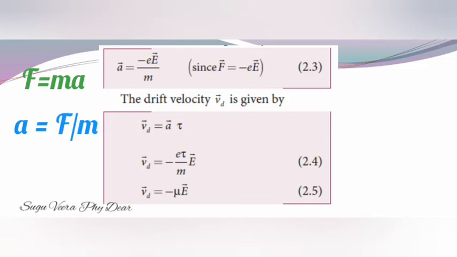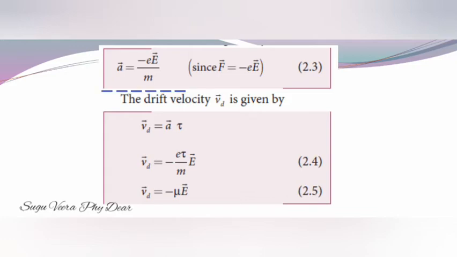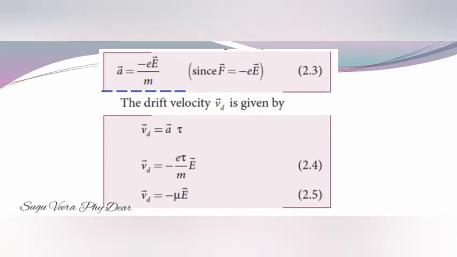Rearranging, a = F divided by m, where a is acceleration, F is force, m is mass. Substituting the force, acceleration = -eE divided by m. The drift velocity Vd is given by Vd = a tau.